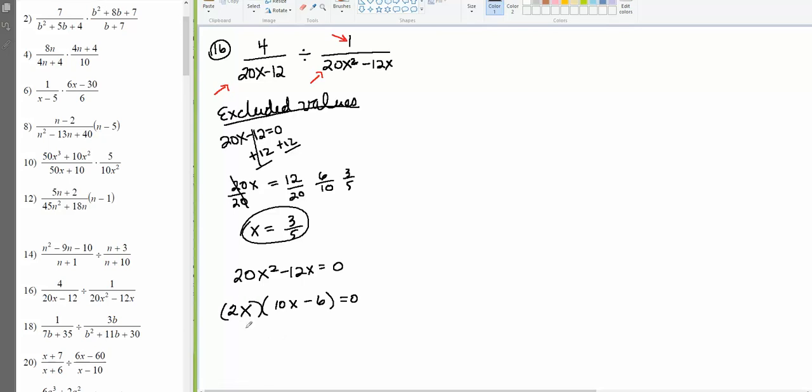And so we have to set each of these equal to 0. So we have 2x equals 0, x equals 0. And 10x minus 6 equals 0. So adding 6, 10x equals 6, x equals, oh, sorry, we got to divide both sides by 10. Divide by 2, 3/5. X equals 3/5. I think we had that one already.